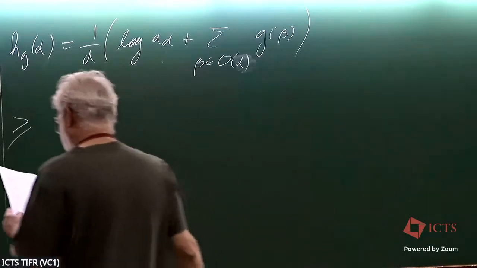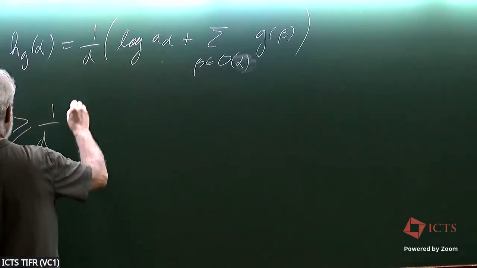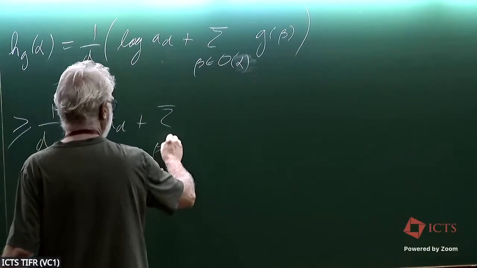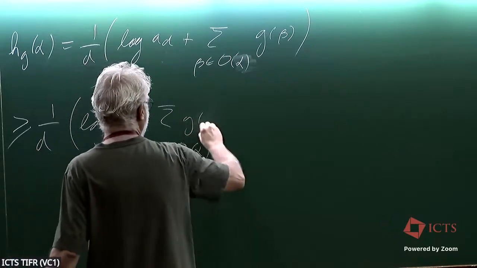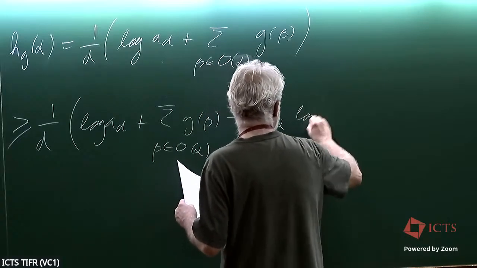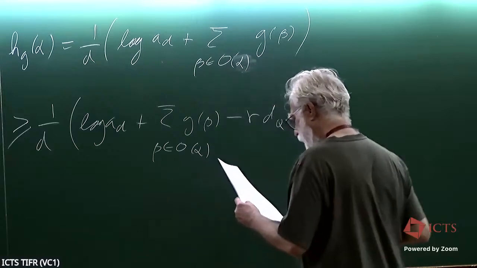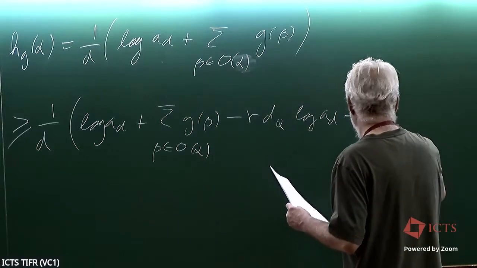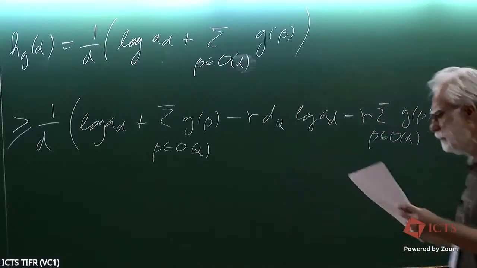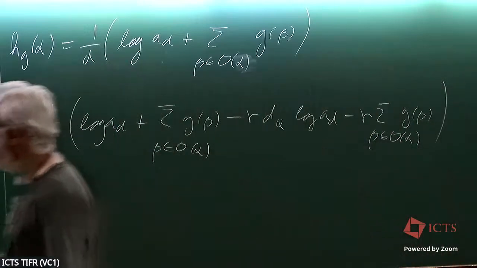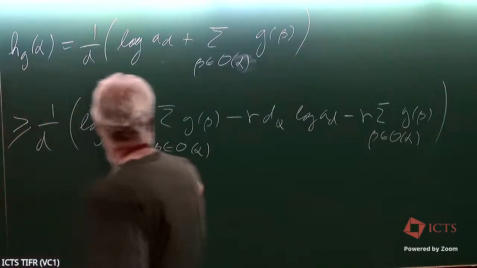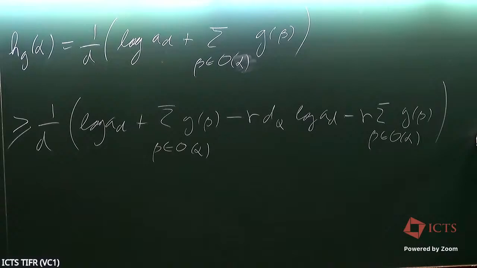So this will be 1 over D of log of AD plus the sum for beta belonging to O of alpha of G of beta, minus R dq log of AD minus R sum for beta belonging to O of alpha of G of beta. I am using the fact that my number R is positive and this quantity is positive, so I am subtracting a positive quantity.